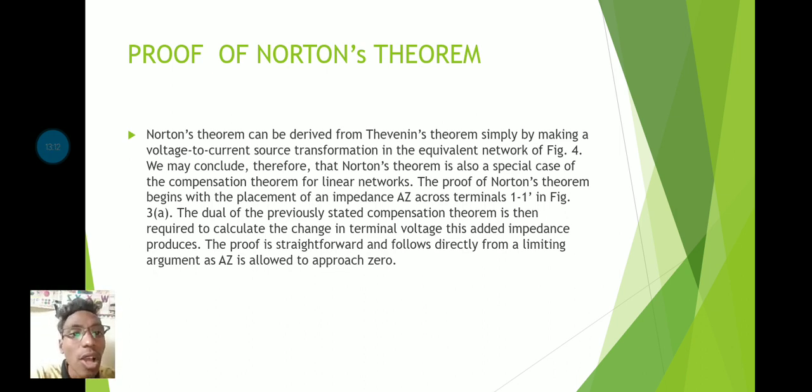The dual of the previously stated compensation theorem is then required to calculate the change in terminal voltage. The proof is straightforward and follows directly from a limiting argument as ΔZ is allowed to approach 0.